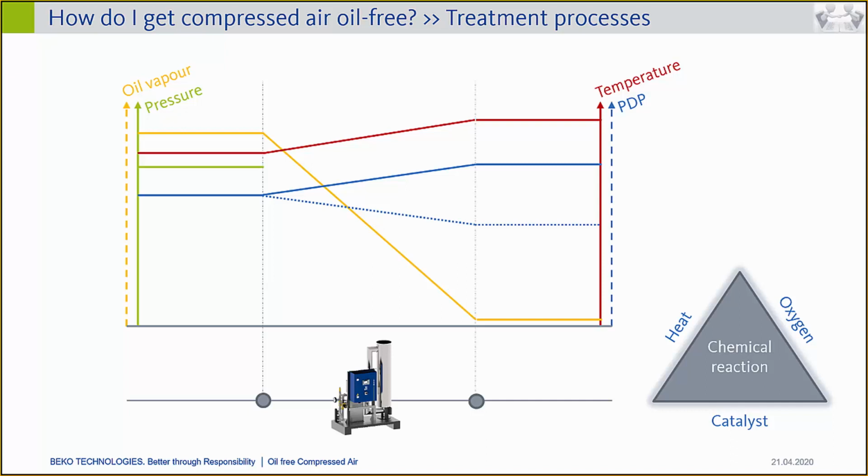The BEKO has an integrated heat exchanger, but that's an air-to-air heat exchanger, and due to the physics of this heat exchanger, you cannot avoid a temperature increase at the outlet. The approximate difference between inlet and outlet is about 5 to 15 Kelvin. That depends on the amount of flow, the speed of flow, and the size of the BEKO. But it's a point that needs to be considered for further treatment components.